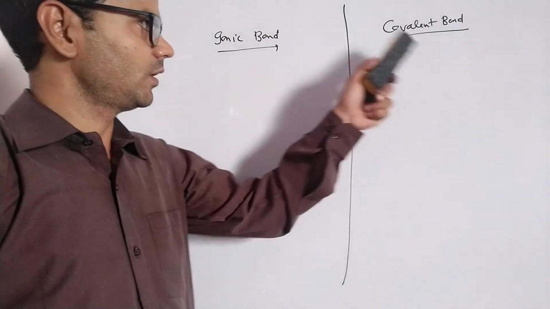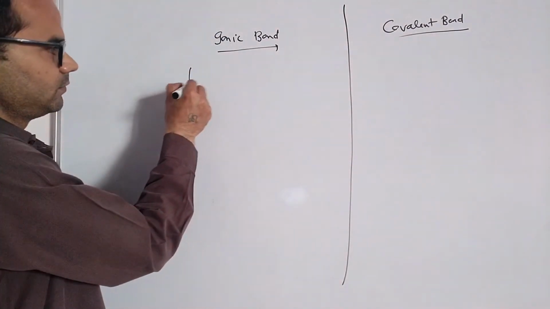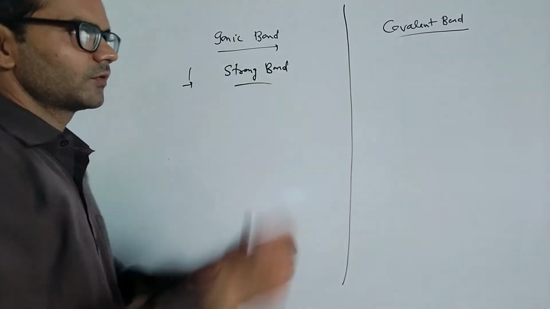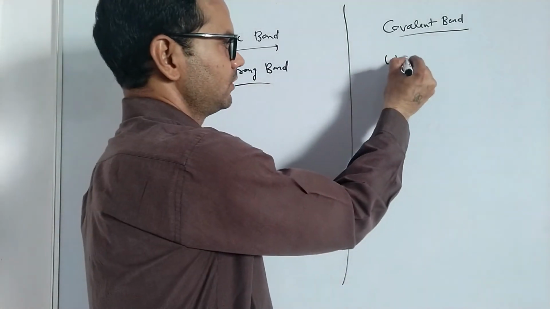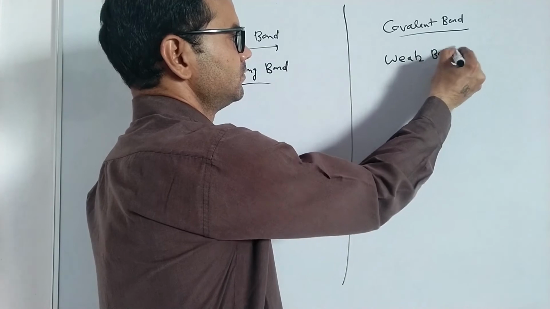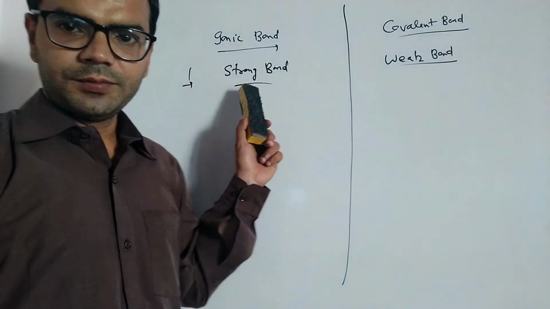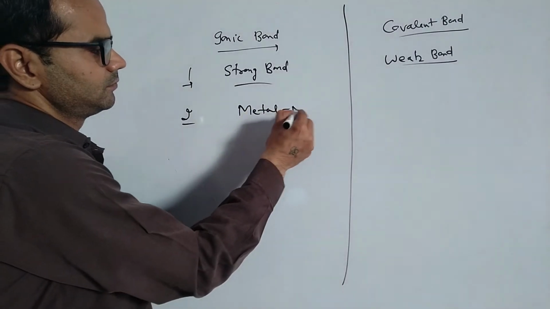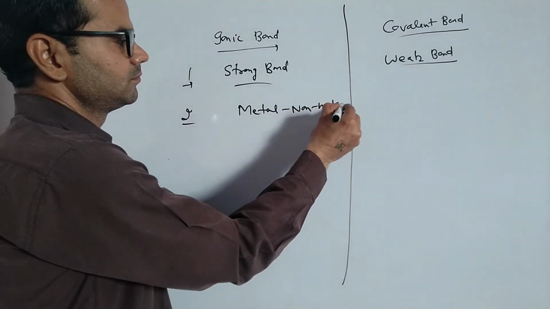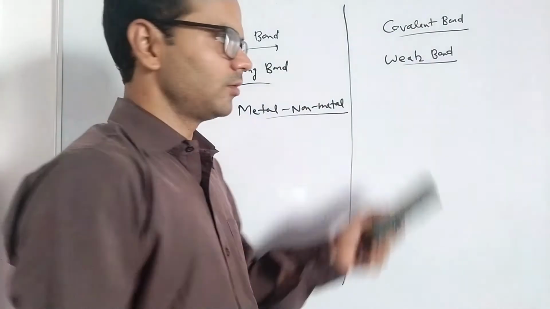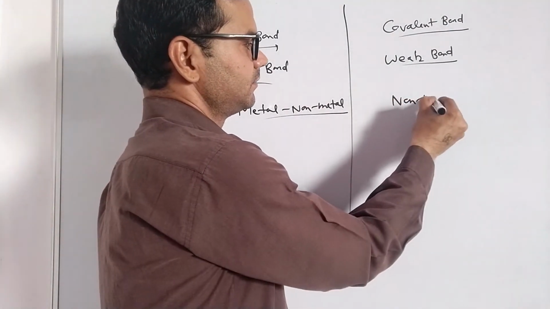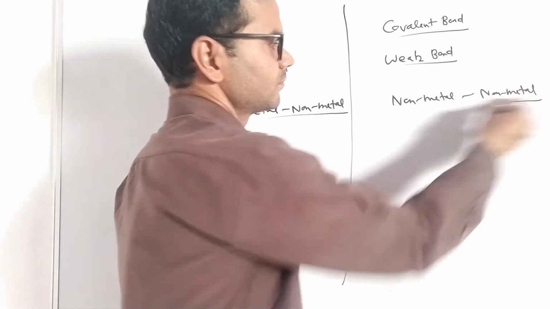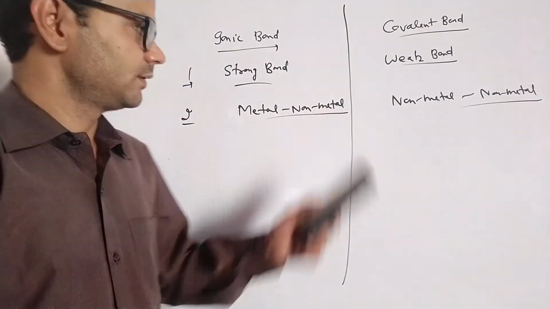Next, let's look at some differences between ionic and covalent bonds. Ionic bond: a strong bond. Covalent bond is a weak bond. Ionic bond is formed between metal and non-metal. Covalent bond is formed between non-metal and non-metal, right?